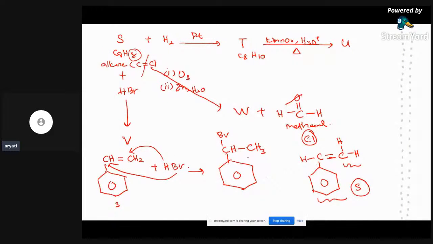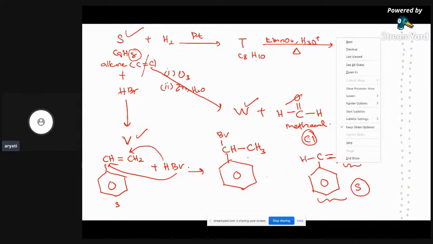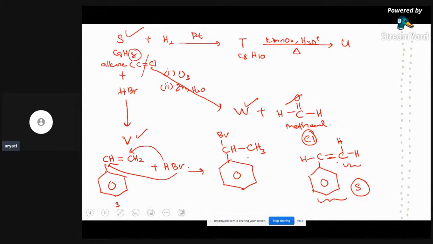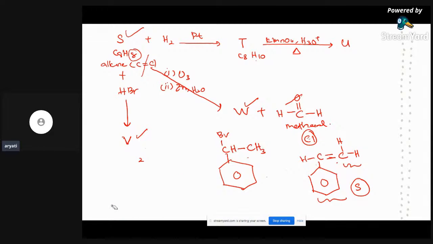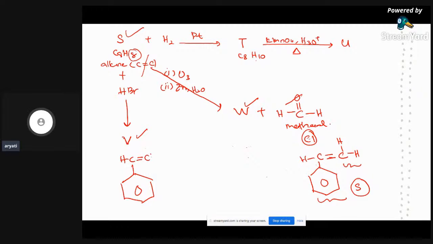Okay, kemudian V done, W done, S done. So kita akan lukis structure bagi T. Bila kamu dah tahu structure bagi S, kalau nak jadi T, saya salin balik structure bagi S yang ini, benzene, CH, double bond CH2.